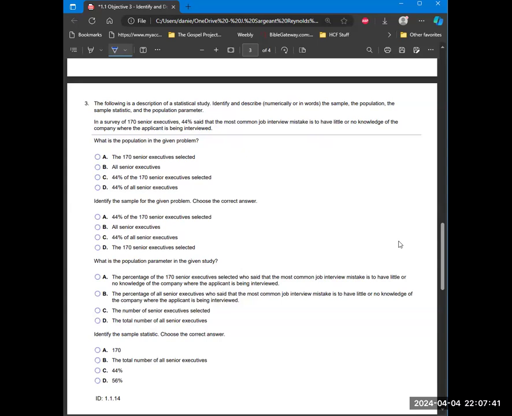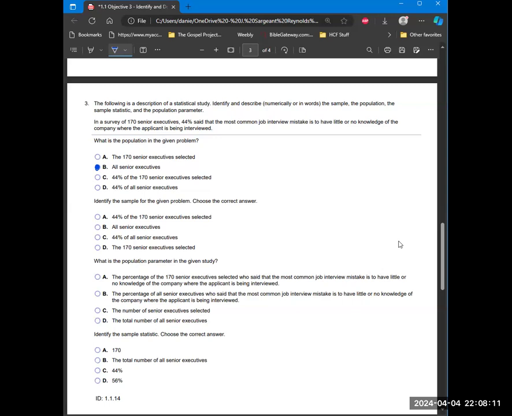So, what is the population in the given problem? So, this would be all senior executives. This 44% here is 44% of what? It's 44% of these senior executives, but this sample needs to help us make an inference about all senior executives.